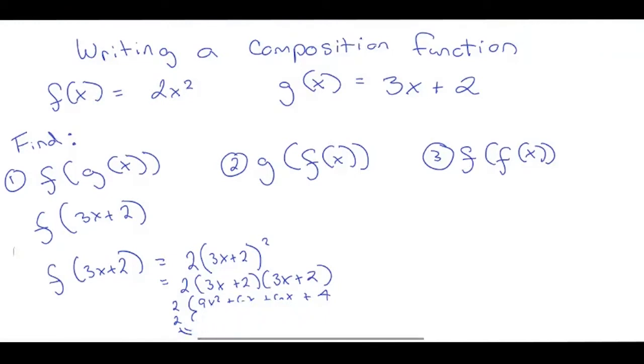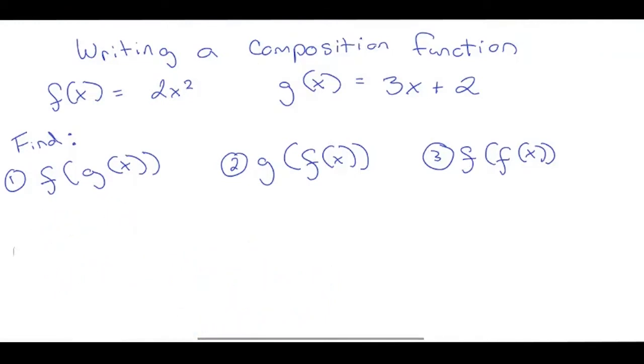All right. So now we're going to find g of f of x. So that's going to be g of 2x squared. This one's going to be a little bit easier, okay?